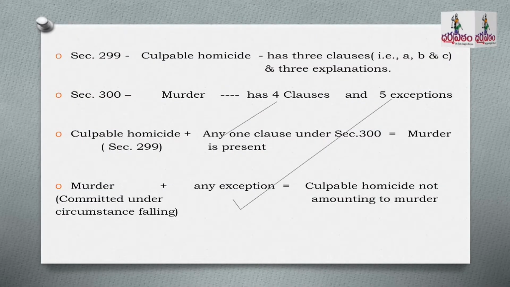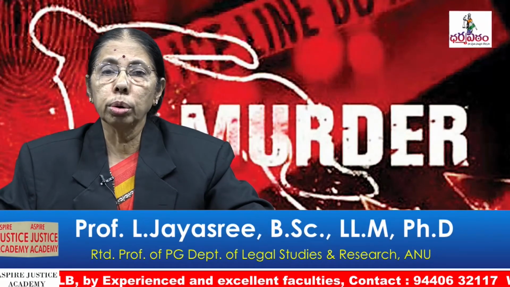You should have a clear idea of when it is culpable homicide amounting to murder and when it is not amounting to murder. 299 plus any one of the classes given under section 300 would amount to murder. If that murder is committed in any one of the circumstances mentioned in the five exceptions, then it would be not amounting to murder.